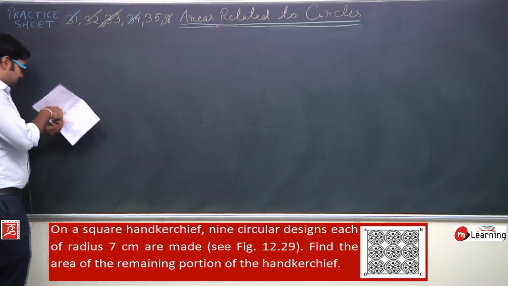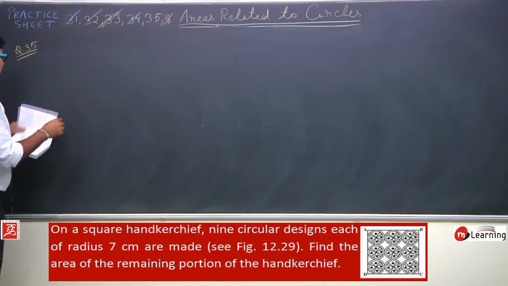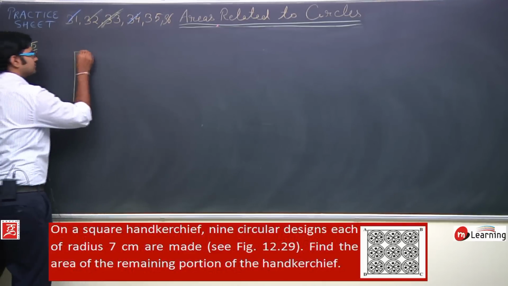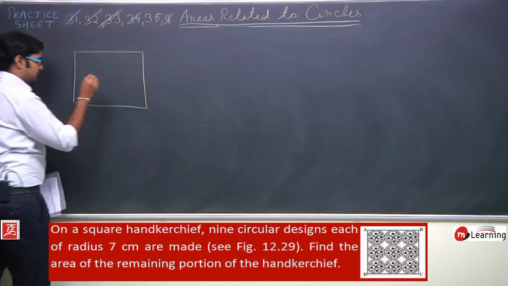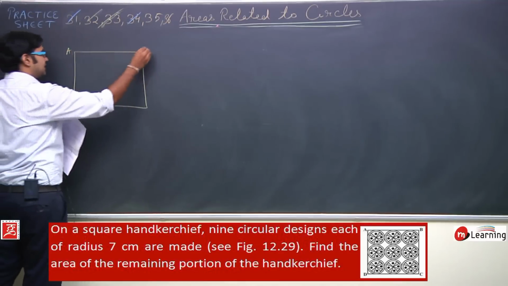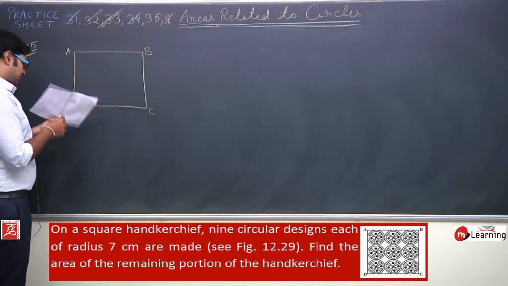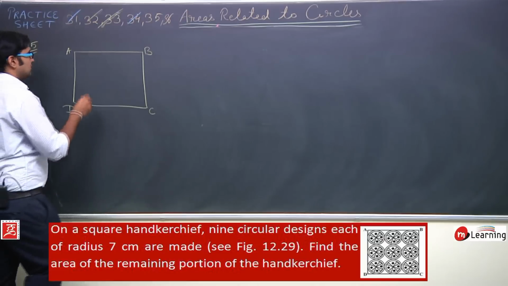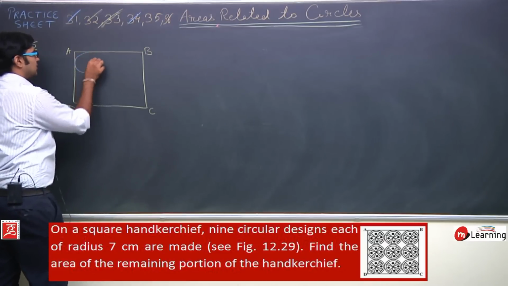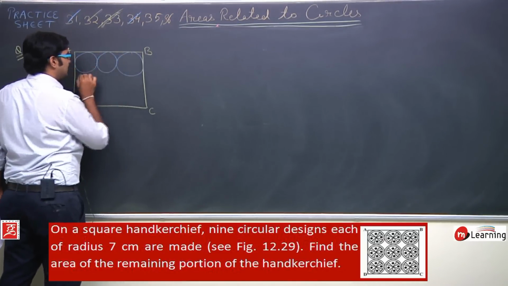So there is a handkerchief like this, ABCD handkerchief. On this handkerchief, we have drawn 9 circular designs, and the radius of each design is 7 centimeters.